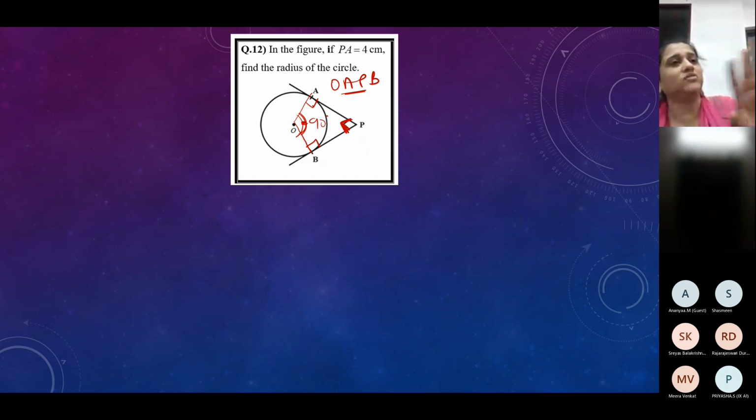Only in two quadrilaterals do we have all four angles 90. They are the rectangle and the square. So now this one is a rectangle. You can't directly say it's a square. Now you'll have to prove that it's a square. So who can tell me, online students, how do you show that it's a square?